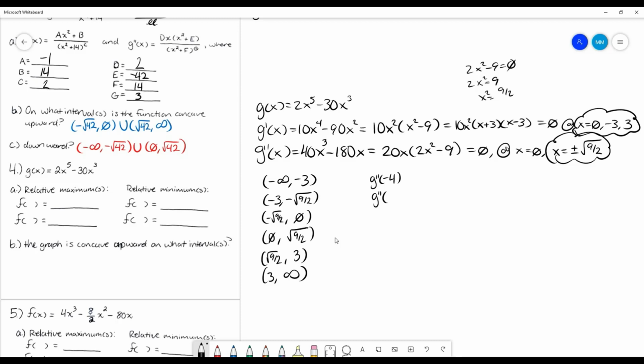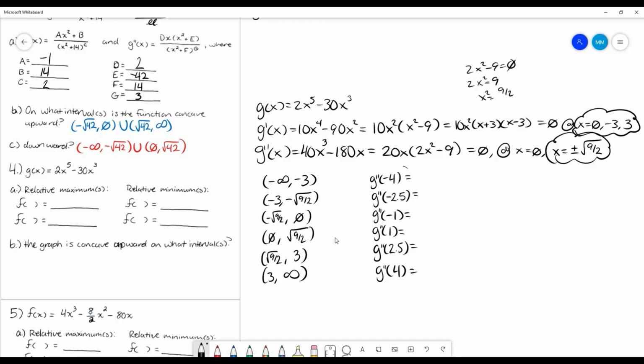It is not less than 2. Arg. Let's plug in a 2.5 then. Oops, a -2.5, pardon. -2.5. And then here I can plug in a -2, but I'm going to do a -1. 1. 2.5. 4. Okay.